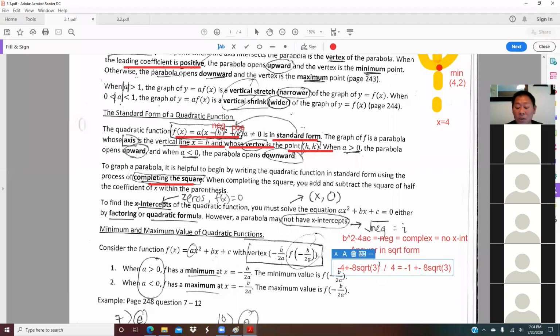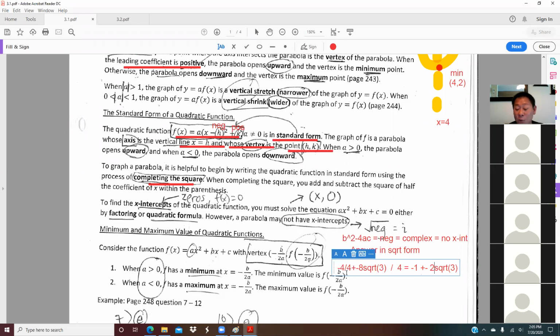So how do we do this correctly? You take this over 4 and you do it twice. One on the first term and one on the back term. So the 4 is correct, and -4 over 4 is -1, but 8 over 4 is 2 square root of 3. So this is the correct way to do it: you take the over 4 and you do it twice.